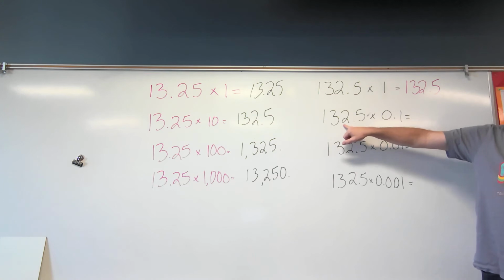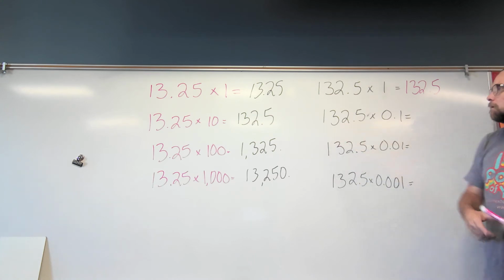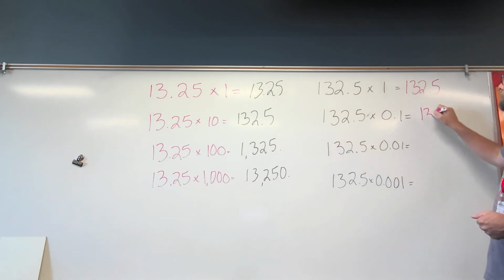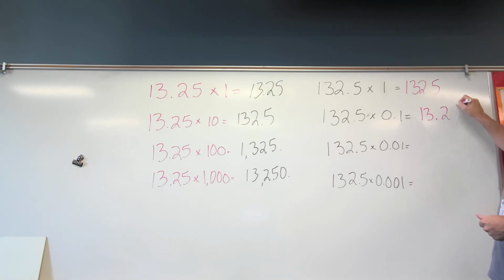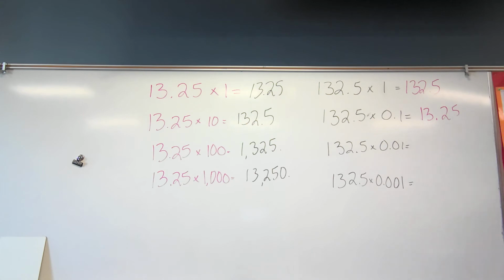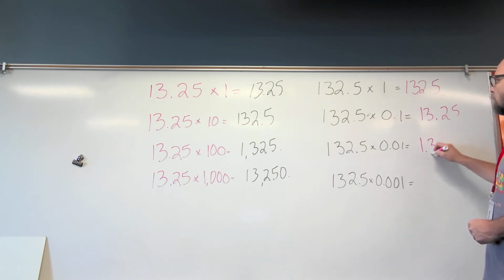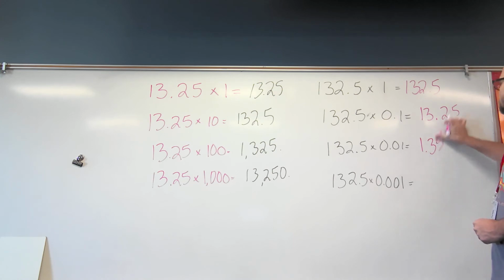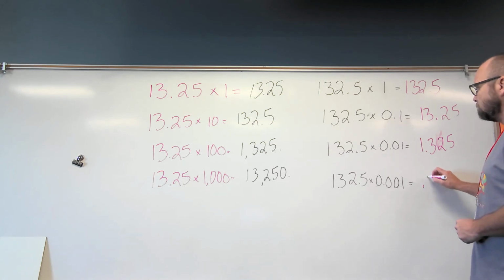So I need to move it from the ones place to the tenths place. I'm just moving my decimal point to the left once. Here, I'm moving my decimal point to the left twice. For 1/1,000, I'm moving my decimal point to the left 3 times.